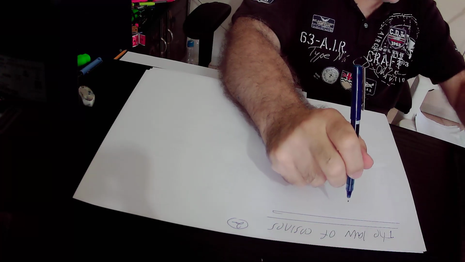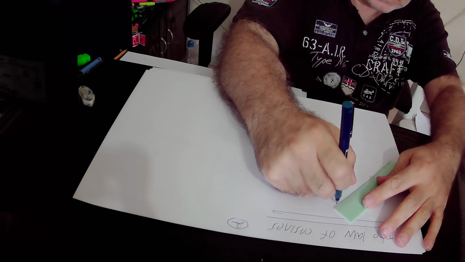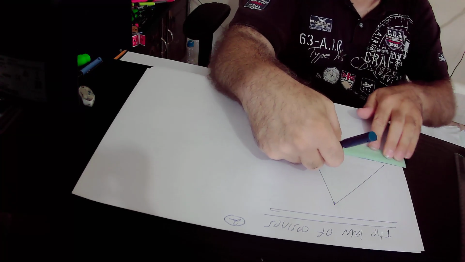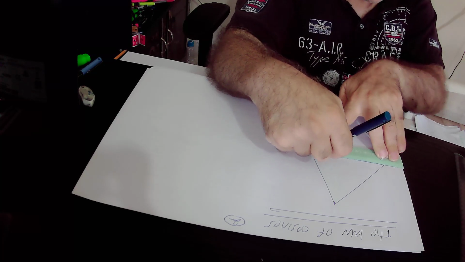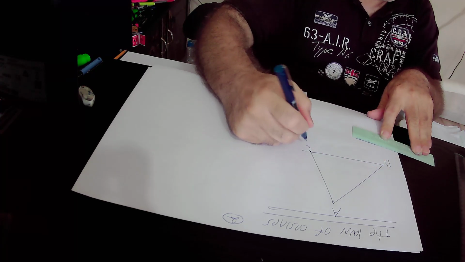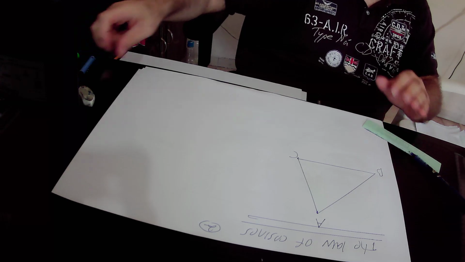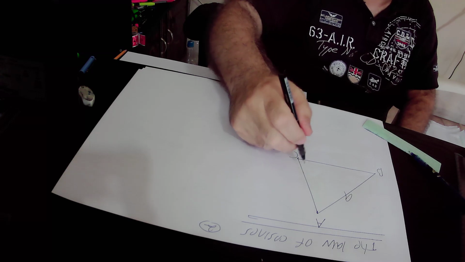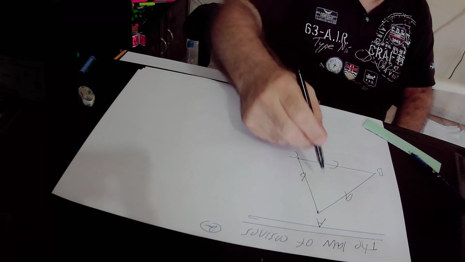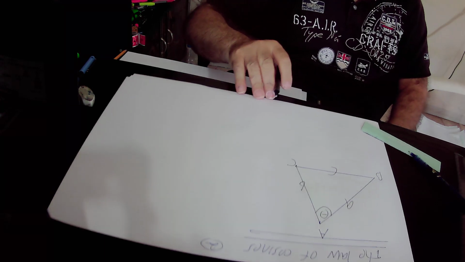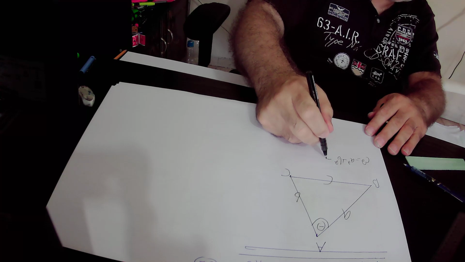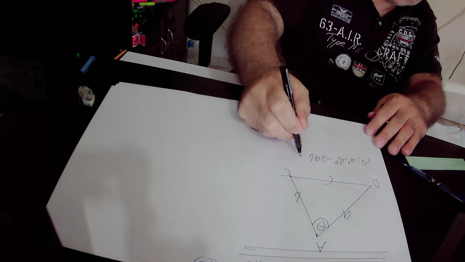If we have triangle ABC, that could be any triangle, with side AB equal to A units in length, side AC equal to B units, side BC equal to C units, and the angle between side AB and side AC is theta, then according to the law of cosines, C squared equals A squared plus B squared minus 2 times A times B times cosine theta.